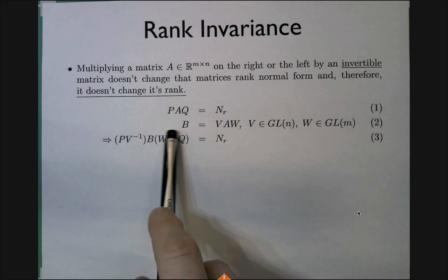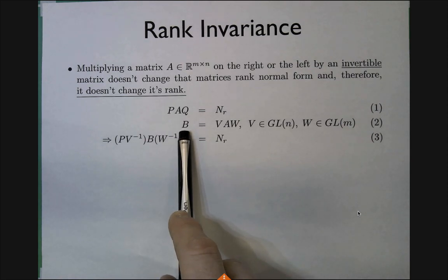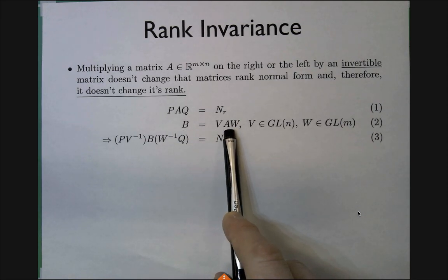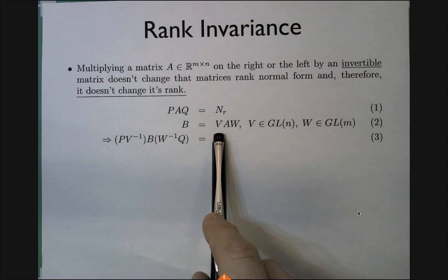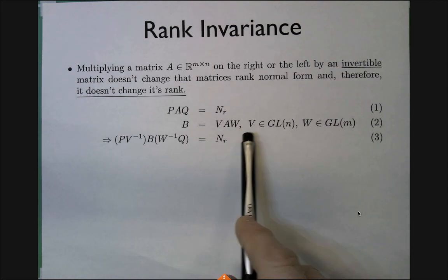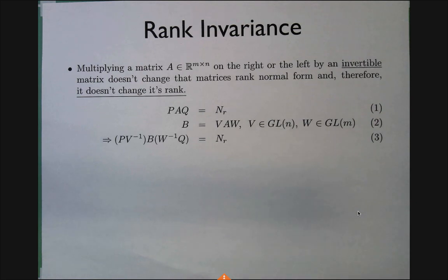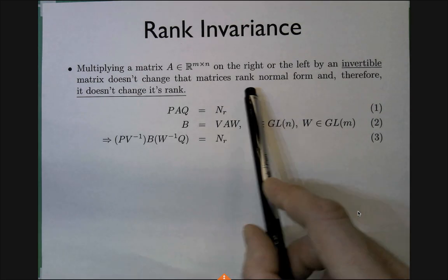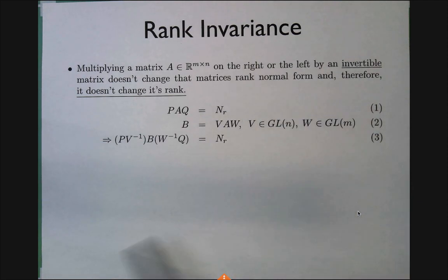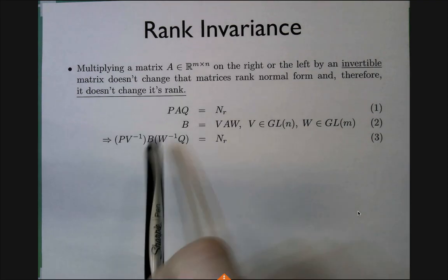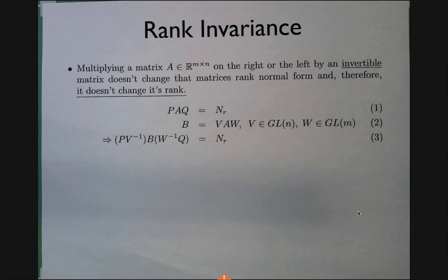Then let's say I take another matrix B, which I got from A by left multiplying it with V and right multiplying with W, where V and W are both invertible matrices, each of different dimensions. So I'm proving from the left and from the right at the same time. You could also prove it first from the left or from the right, but it's so simple I can just lump it all together. Does it make sense?